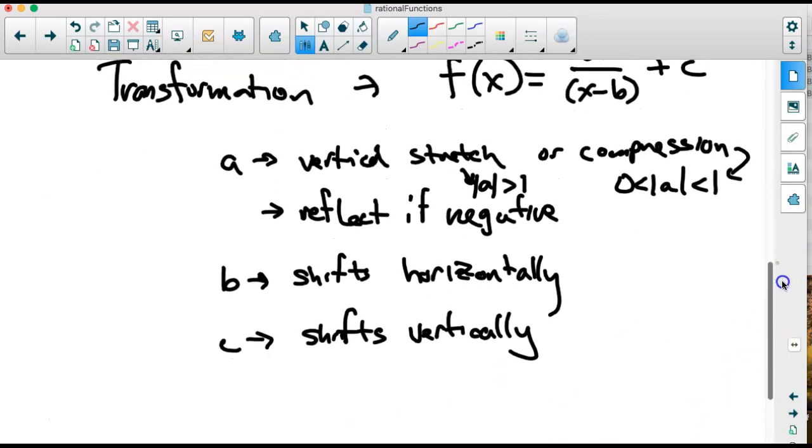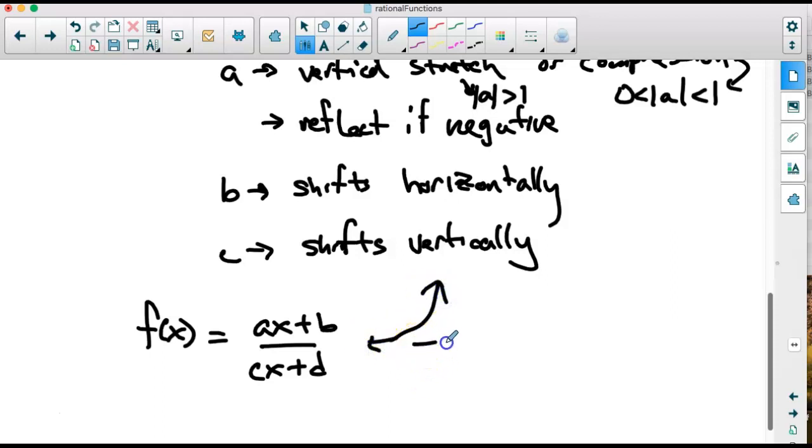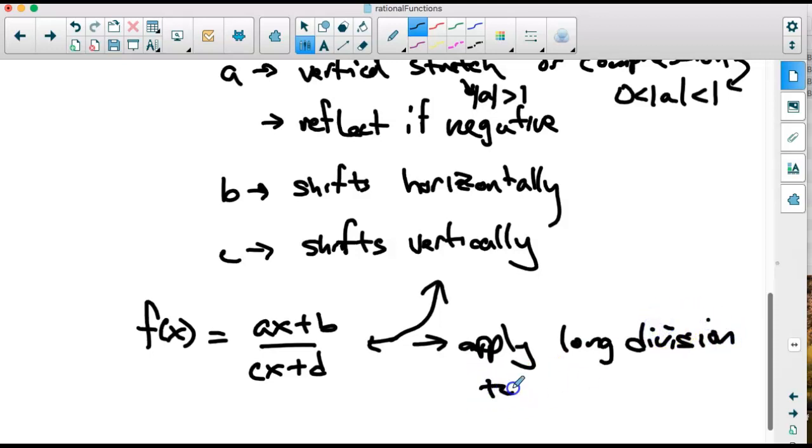So if we see a function that looks like ax plus b over cx plus d, this is the same thing, but what we have to do is apply long division to convert to the transformation form.